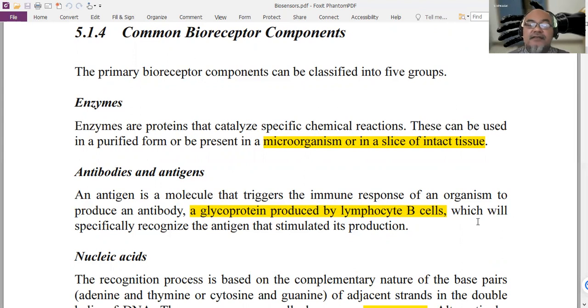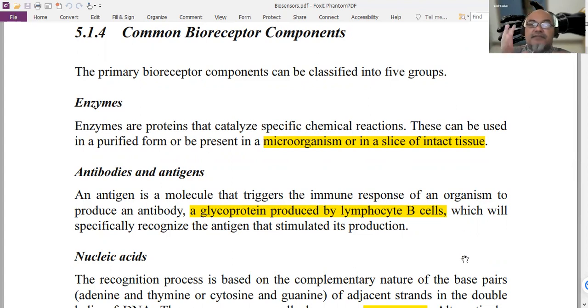various enzymes within it. So it depends on the biosensor that you design, whether you want it to be very specific or you want it to represent a more complex biochemistry which requires multiple enzymes to be present. If you want your biosensor to be specific, then usually we will just purify a single type or maybe two types of enzymes and attach or immobilize them on the surface of the transducer.